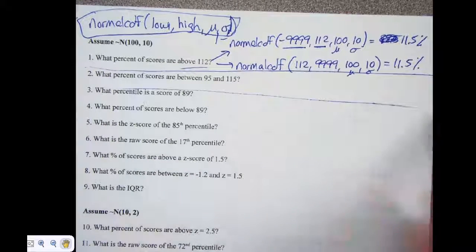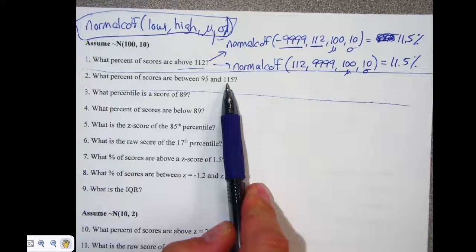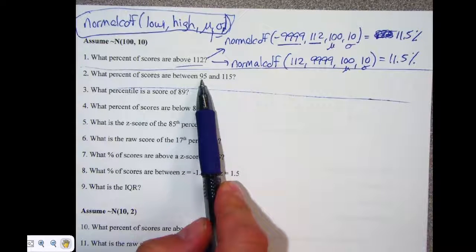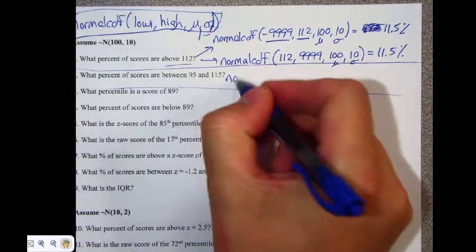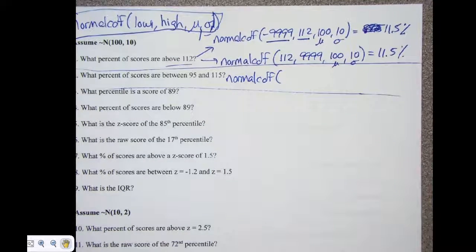For 2, now this is between this and this. Here'd be the painful way to do it. I'm going to find the percentile for this, let's say it's like the 80th percentile. I'm going to find the percentile for this, let's say it's like the 40th percentile. Then I'm going to subtract them. But I do not need to do that. All your calculator cares about, it's going to find between the 2 things you put in.